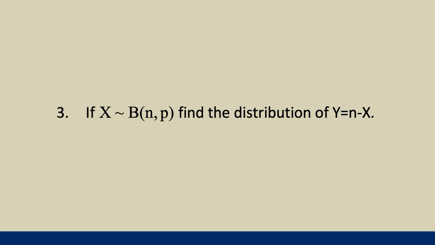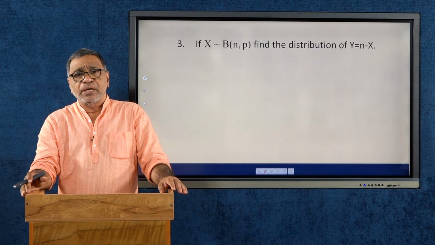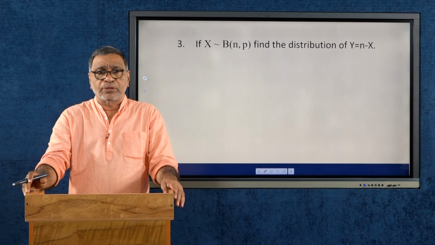Another question is a theoretical one, not a numerical problem. Suppose x is a binomial random variable. What is the distribution of y equal to n minus x? A simple question, a simple characterization property of the binomial random variable.